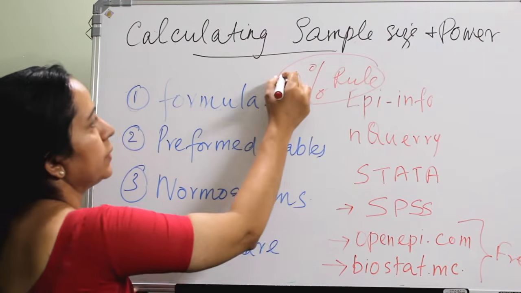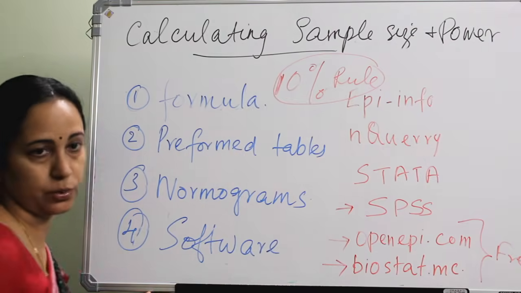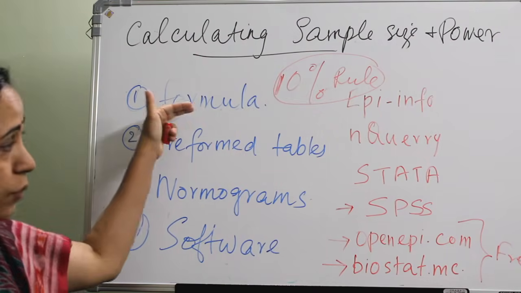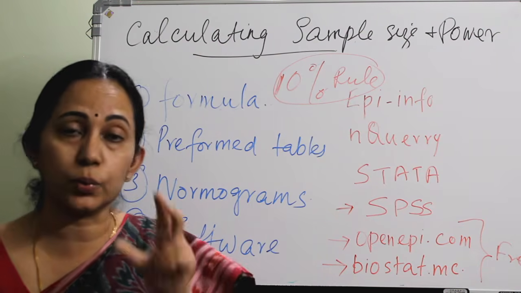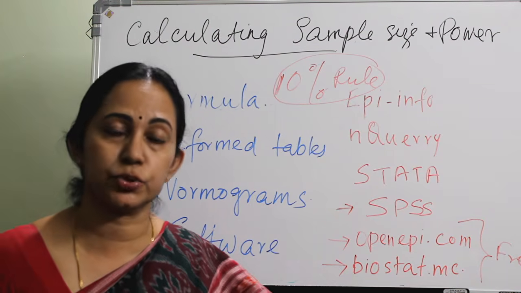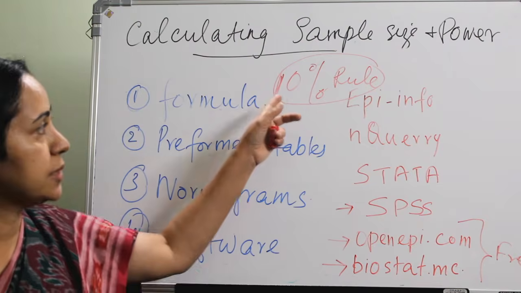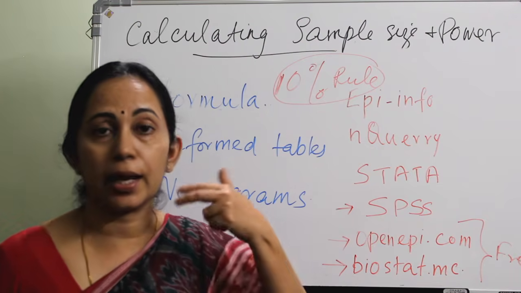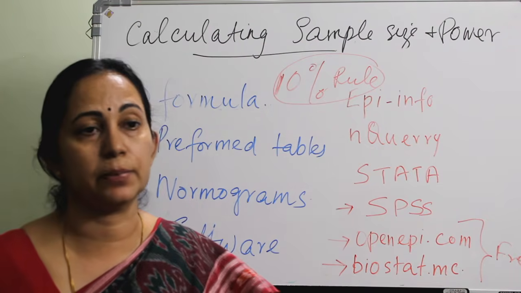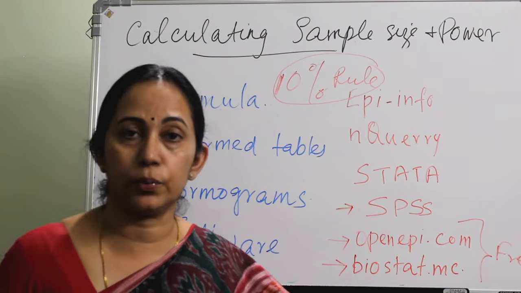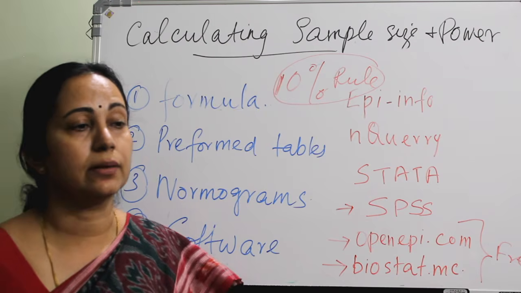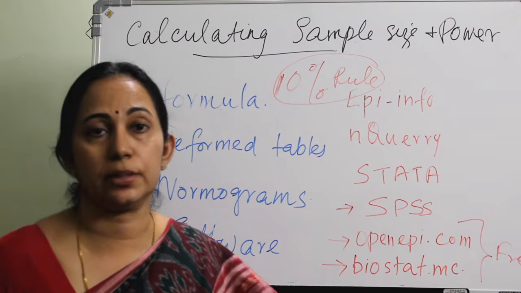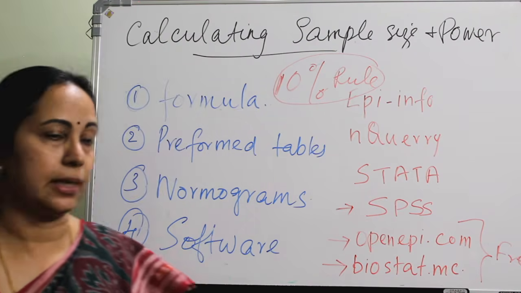As I already told, this formula, sample size calculation by formula, will give only a crude association between exposure and outcome. So this 10% rule is that you can add 10% to the sample size for each confounder you expect. Okay, that will again increase the validity, accuracy or precision of your study.